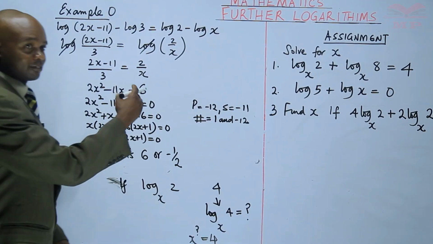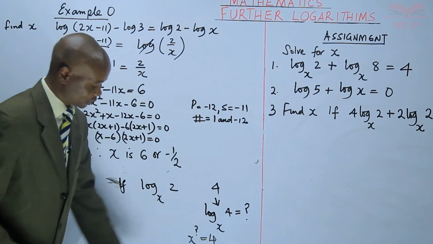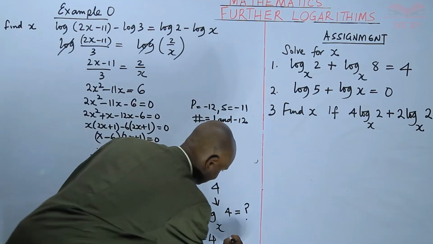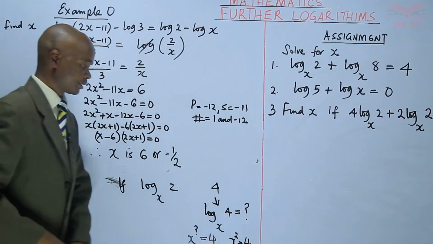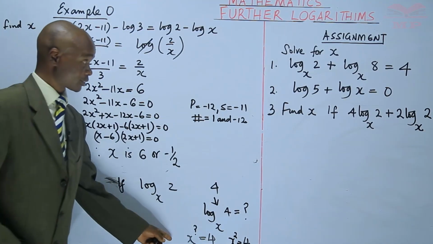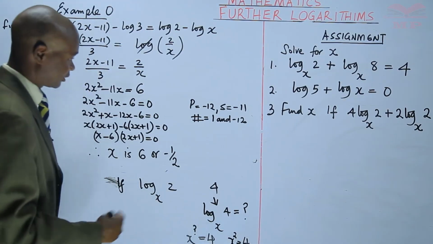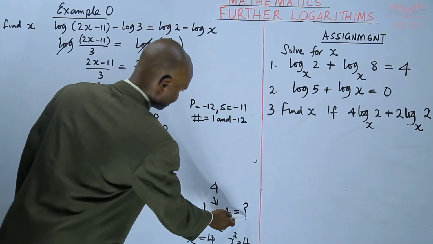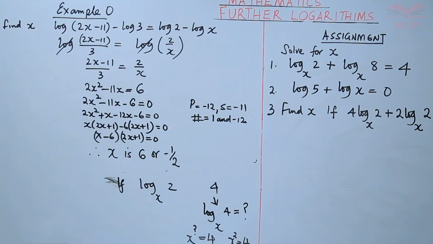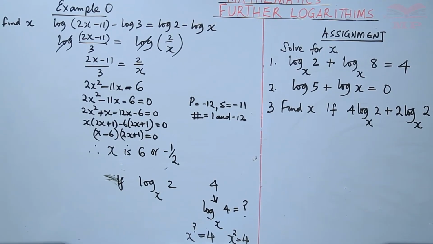So in fact, it is really giving you what to do. You'll find x squared is equal to 4. So you already know what to write there.